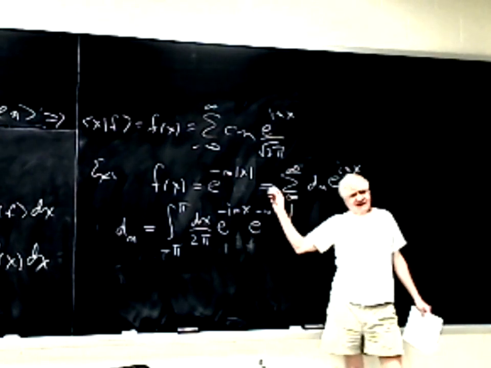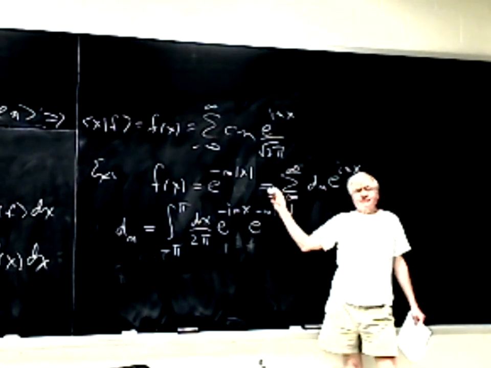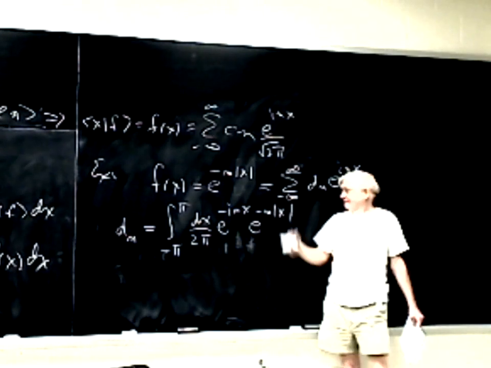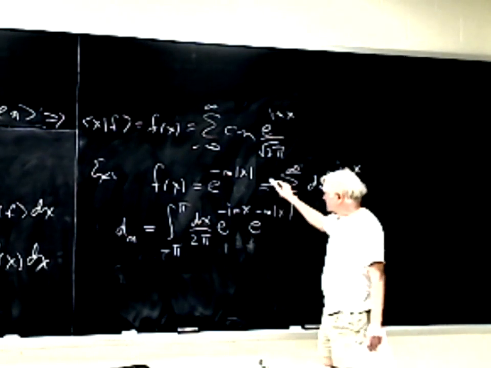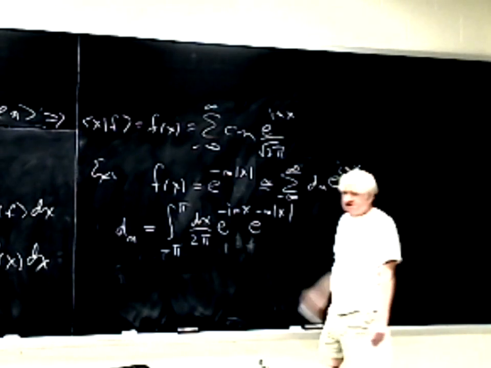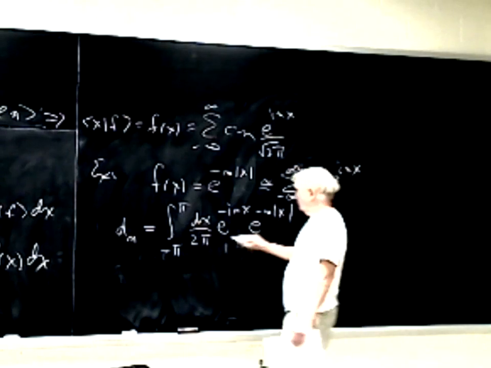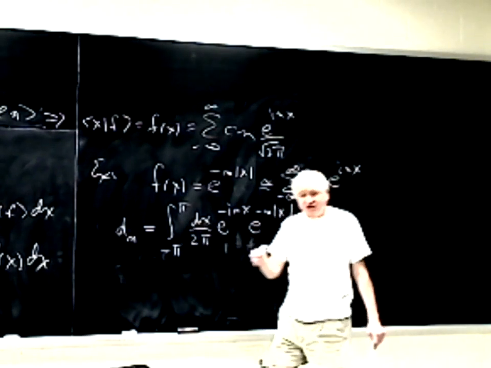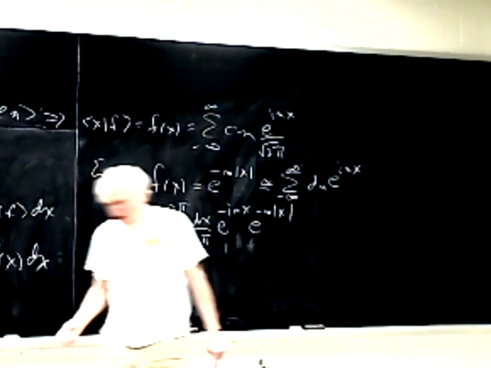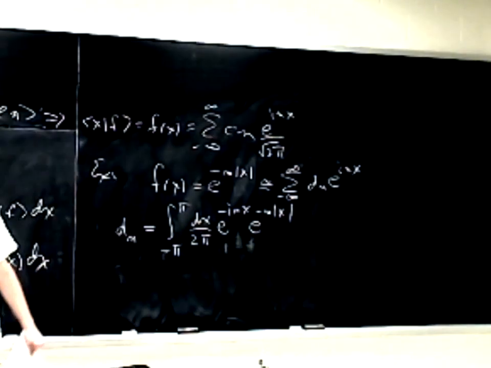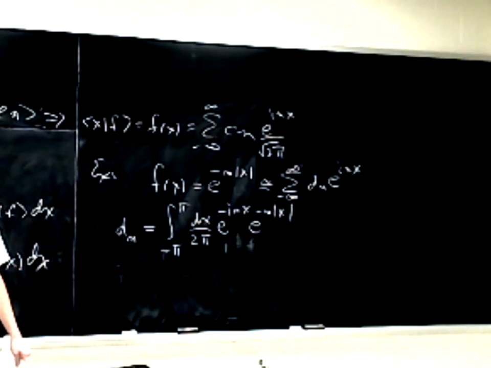Writing an equal sign here is not really appropriate. We should do something else, maybe put a tilde over it, because the equality only really holds within this interval unless the function is periodic of period 2 pi. If it's periodic of period 2 pi, and the series converges, then it's actually an equality.